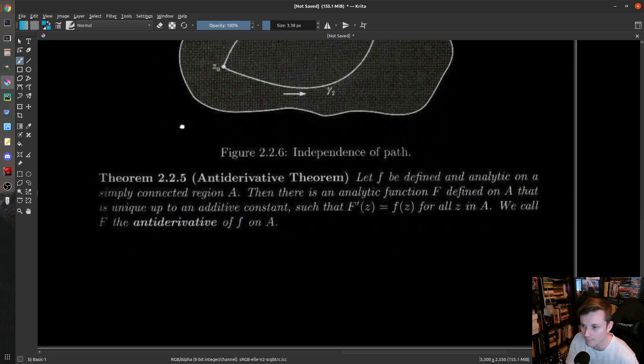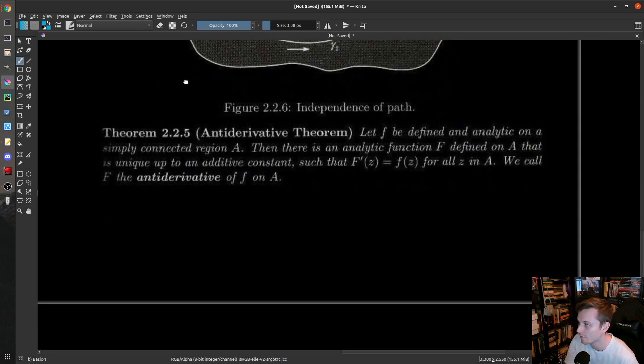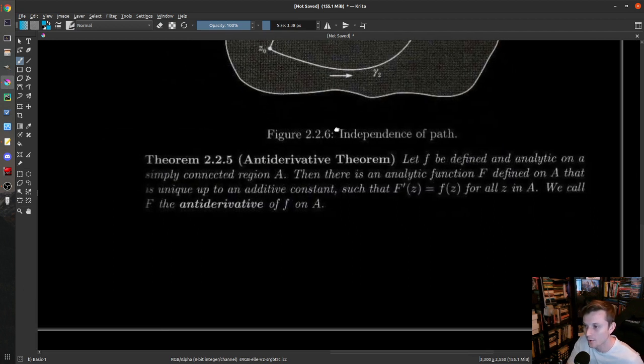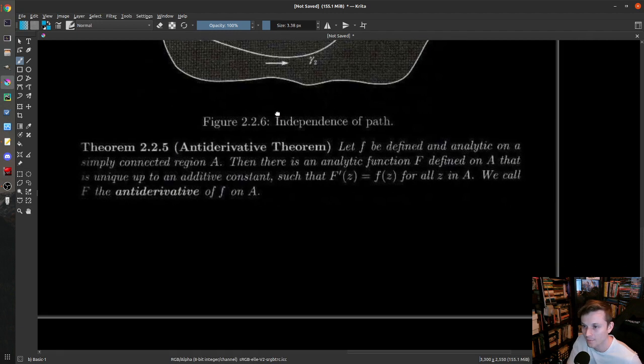Okay. And then this is the next result, right after what we didn't quite get to last time. It's the antiderivative theorem. It provides the third analog to what we were looking at in 2.1.9, that first theorem that we keep recalling at the beginning of everything.